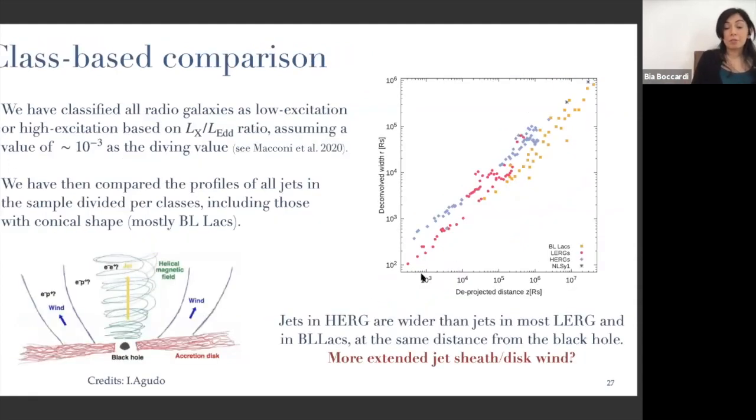So we have classified all of the radio galaxies in our sample as high excitation or low excitation sources by considering the X-ray luminosity.